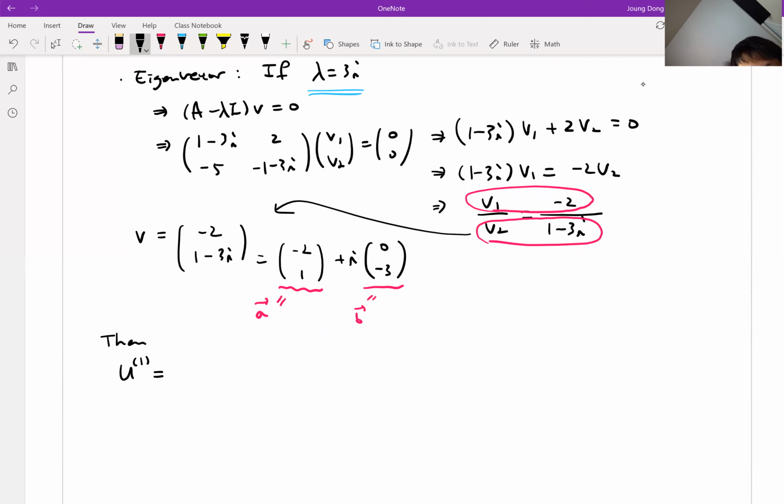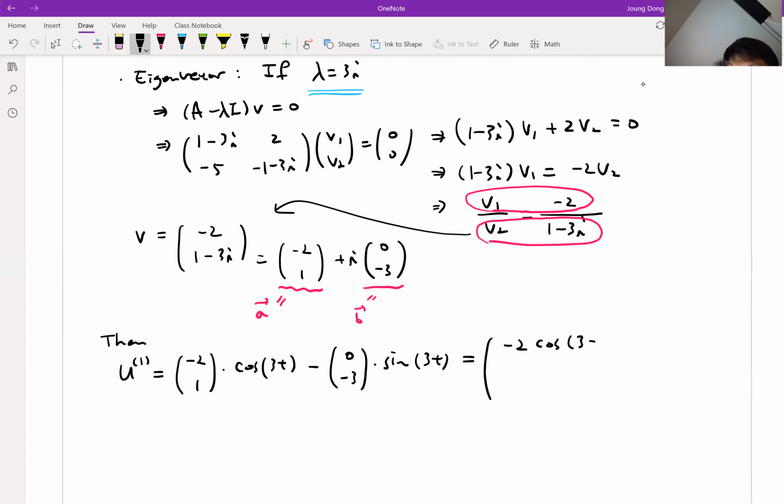This equals negative 2 cosine 3t, and then, give me a second, did I make a mistake here?